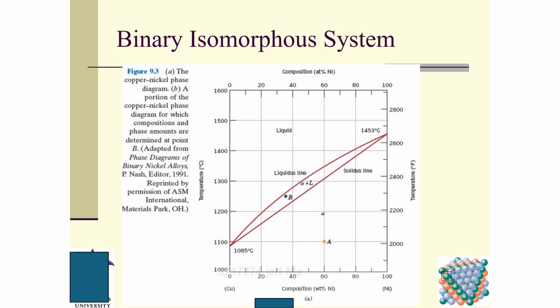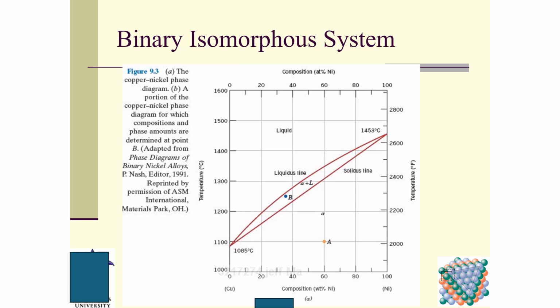The alloy is a brass. So this is binary. Isomorphous means that nickel can be dissolved in copper from 0% to 100%, and that means these two are soluble in each other from 0% to 100%.